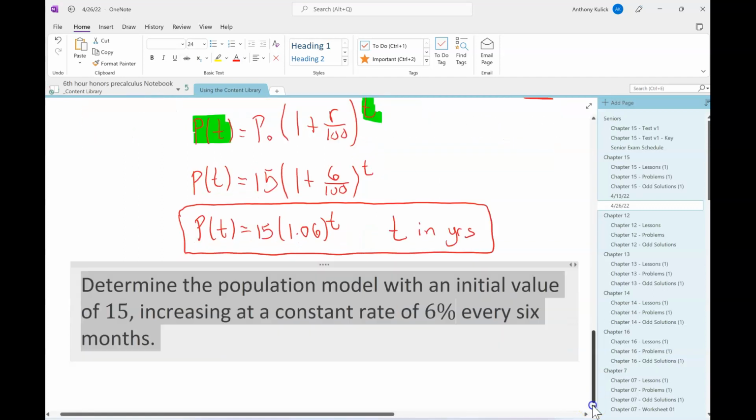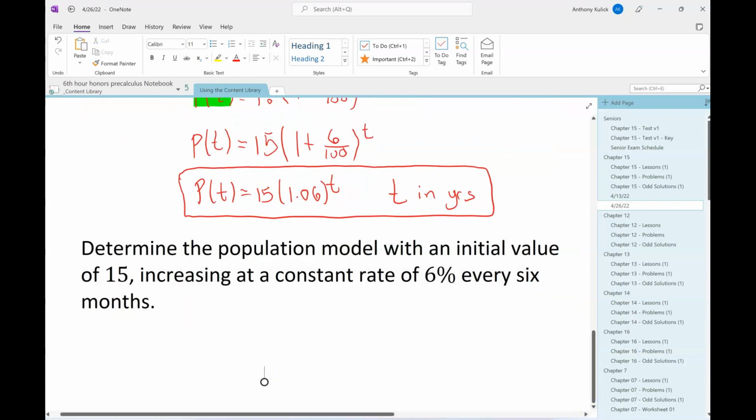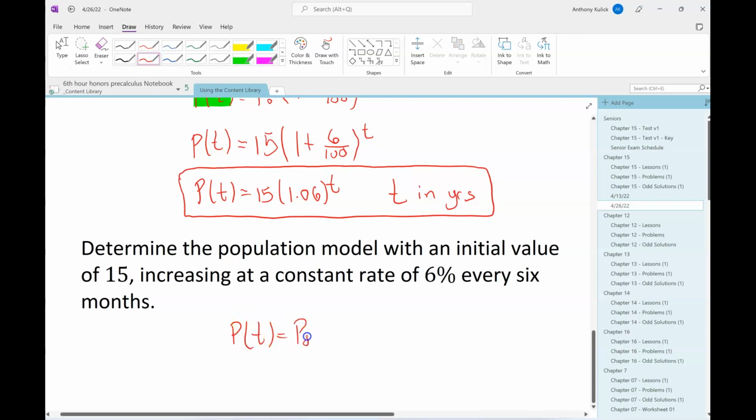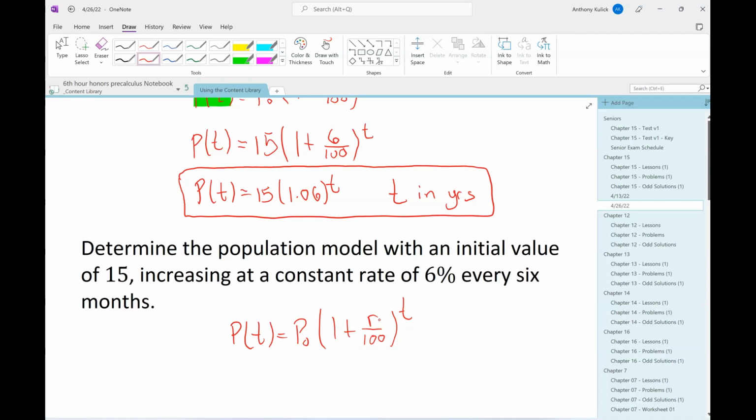Okay. So again, determine the population model. So it tells us the model we're using. So again, initial value of 15, increasing at a constant rate of 6% every 6 months.